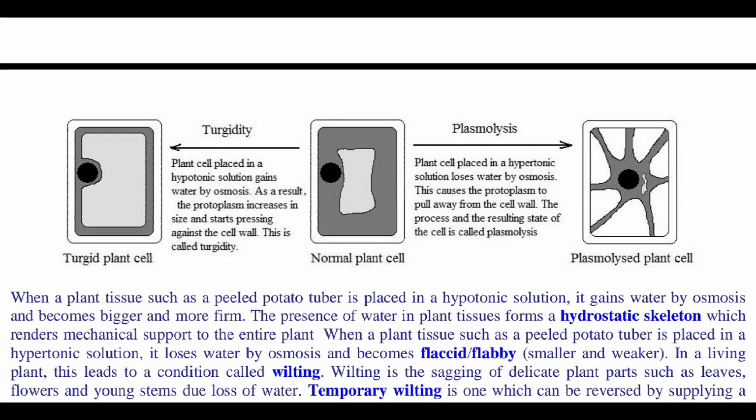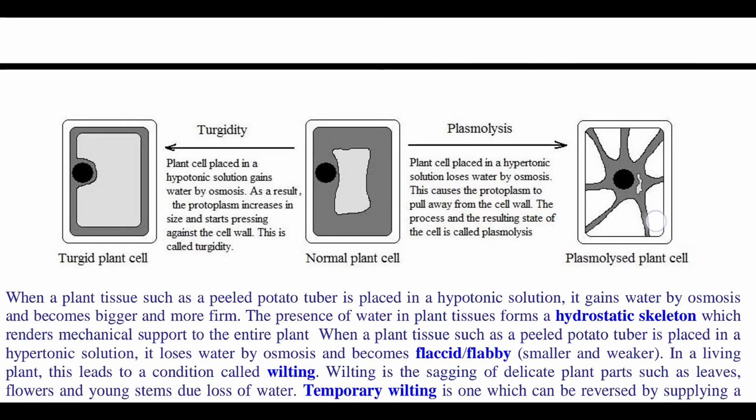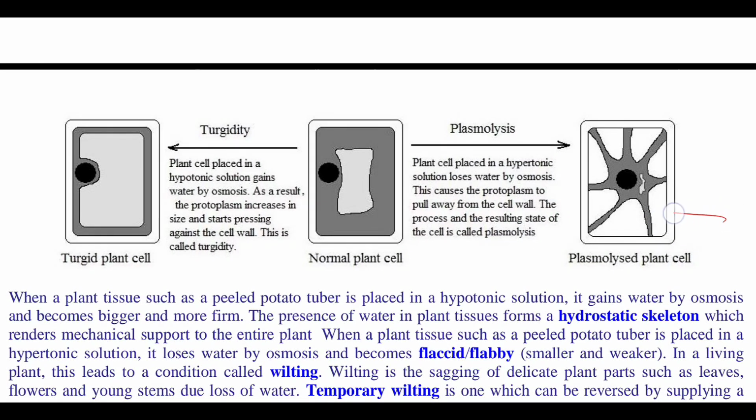So what is the name of this part here? This part here, it is the cell wall. Okay, that just moved because it has been what? Plasmolysed. Are we together? Very good.